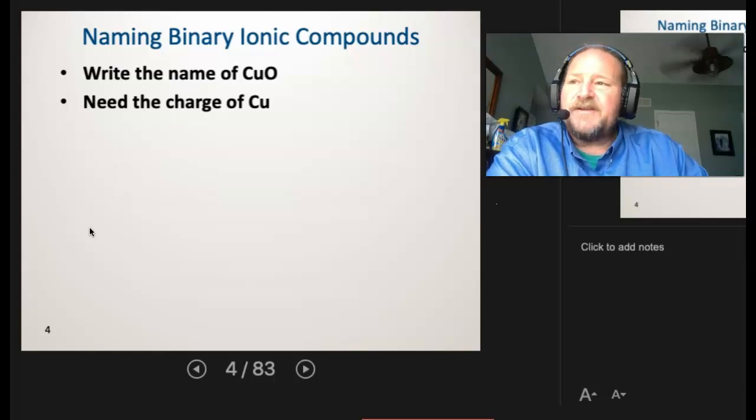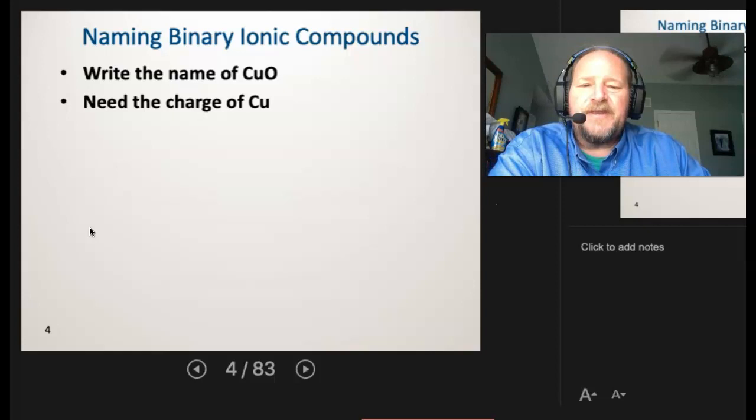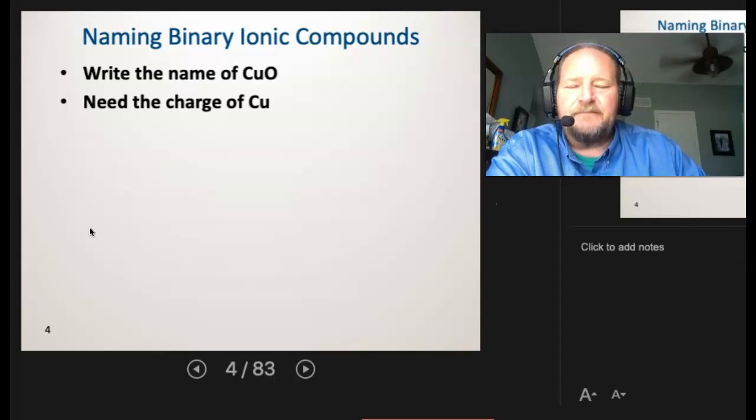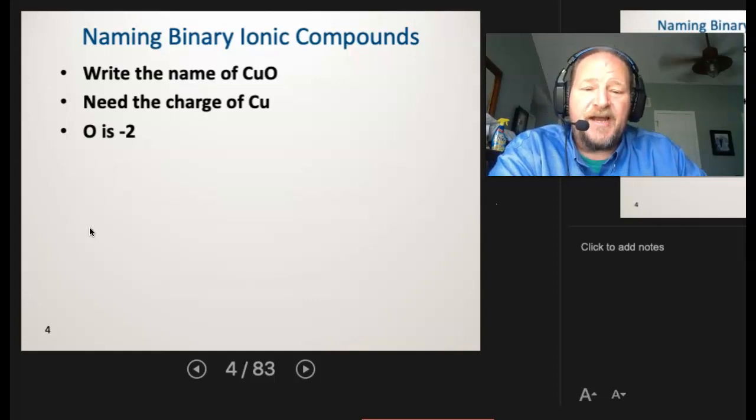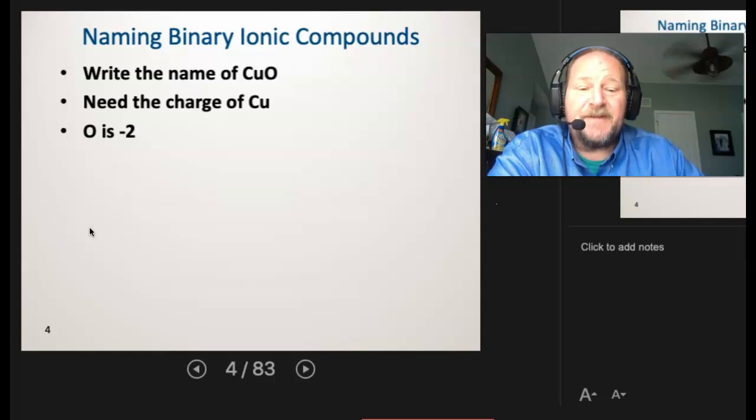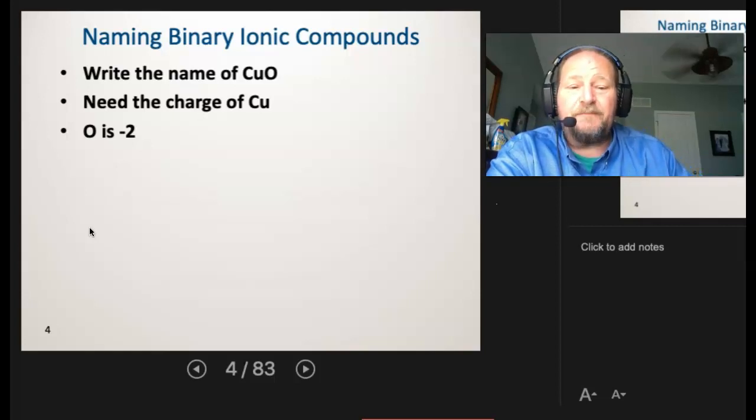Now we're going to base it on the anion name. So the anion here is oxygen. We know oxygen is in group 6A, which means it's a -2. So if the oxygen is -2, and how many oxygens do we have? We have 1. That means I have a total anion charge of -2. That means I have to have a total cation charge of +2. How many coppers do we have?